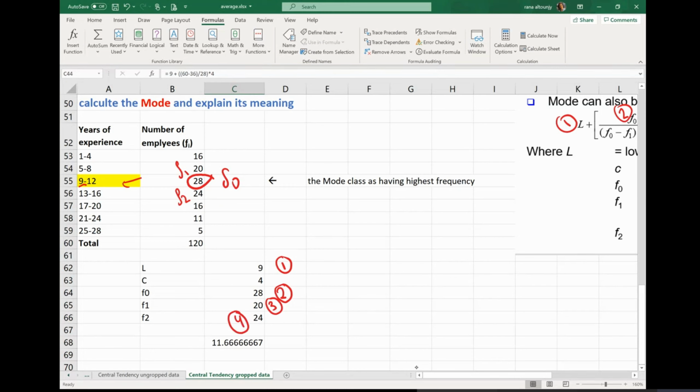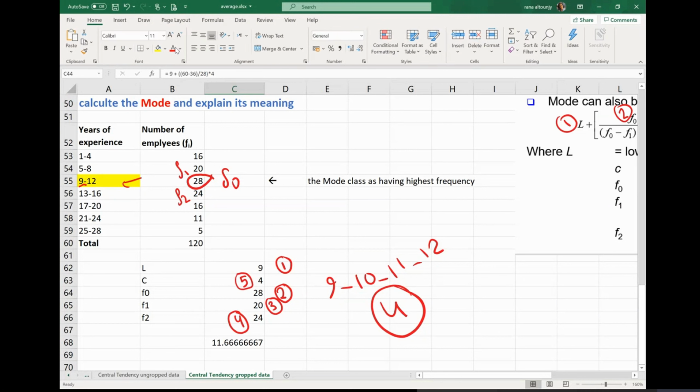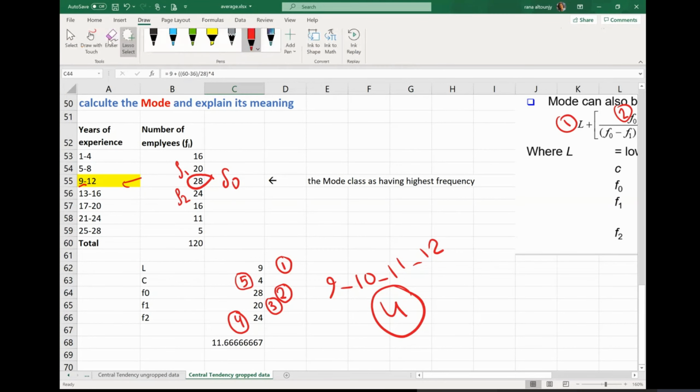Then we need to calculate C, the size of the class containing the mode. The size of this class, 9, 10, 11, and 12, is 4. This class contains 4 elements. This is information number 5. We need to find those 5 pieces of information to be able to calculate the mode.